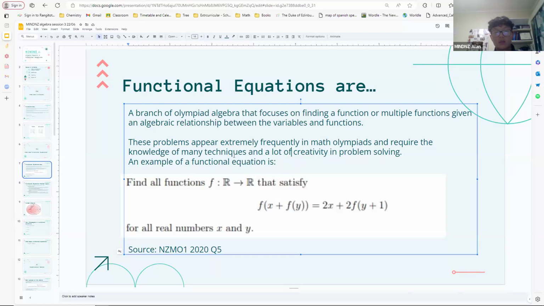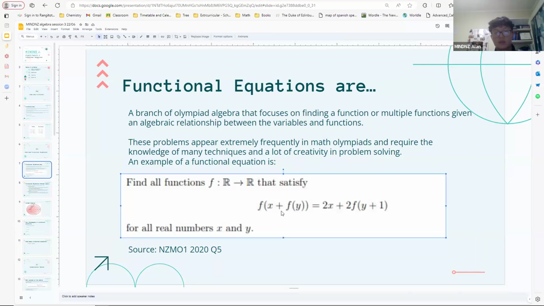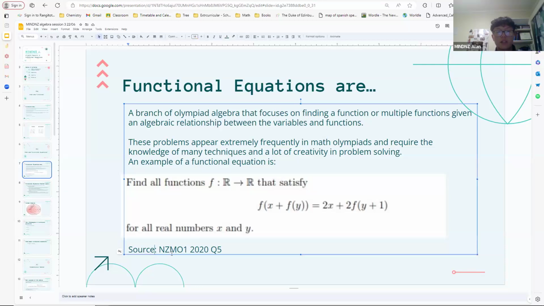An example of a functional equation is this one: f of x plus f of y equals 2x plus 2f of y plus 1. This is from NZMO 2020, Round 1, Question 5.